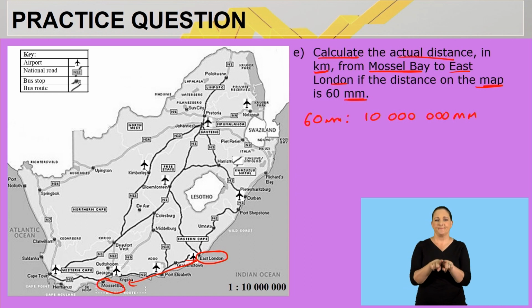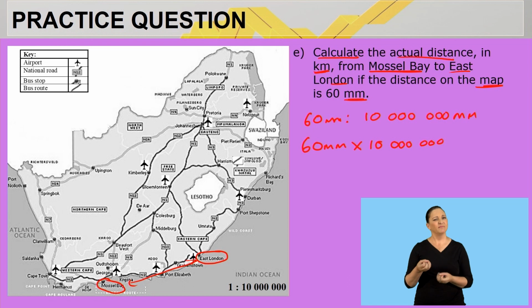So what needs to happen now? I'm going to say 60 multiplied by 10 million, and then I will divide. Remember, we have this in millimeters, so we must go from millimeters to kilometers. How many millimeters in 1 kilometer? That will give us 1 million. First, I'm going to take 60 millimeters multiplied by the scale of 10 million.